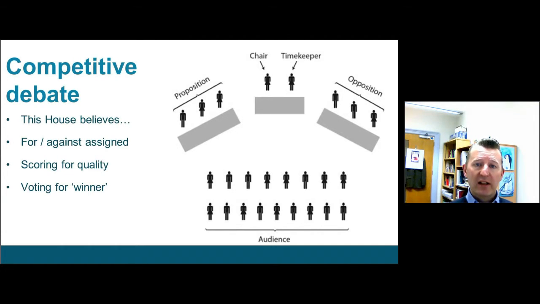We are also likely in a competitive debate to have some system for scoring the quality of the contributions, because there is often this element of competition. But then we'd also probably ask the audience to cast a vote on the substantive decision about whether the motion stands or falls.